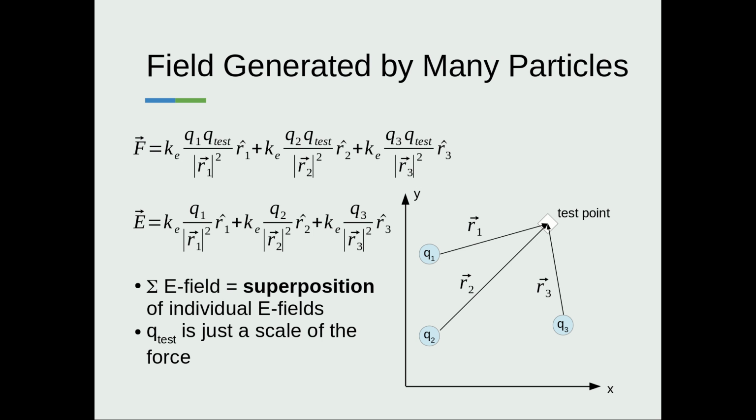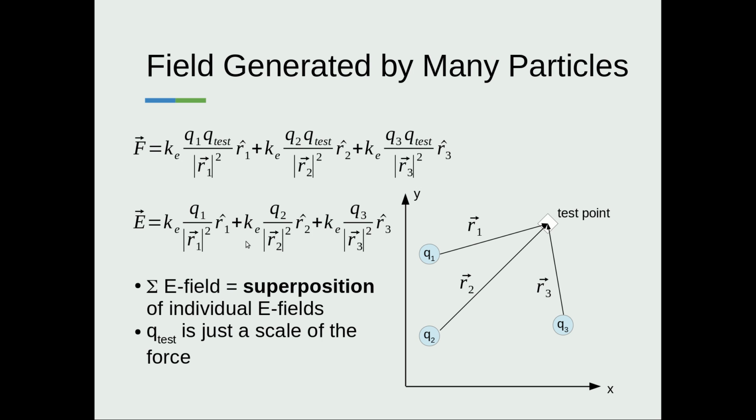The simplest thing is the summation of the electric field on your test point is just the superposition of individual electric fields. So you just calculate the electric field from Q1 to Q3 like this. You have three electric fields, and you just superpose them.